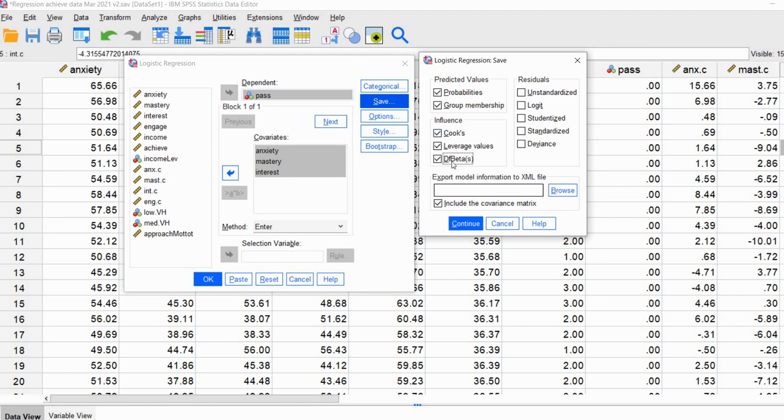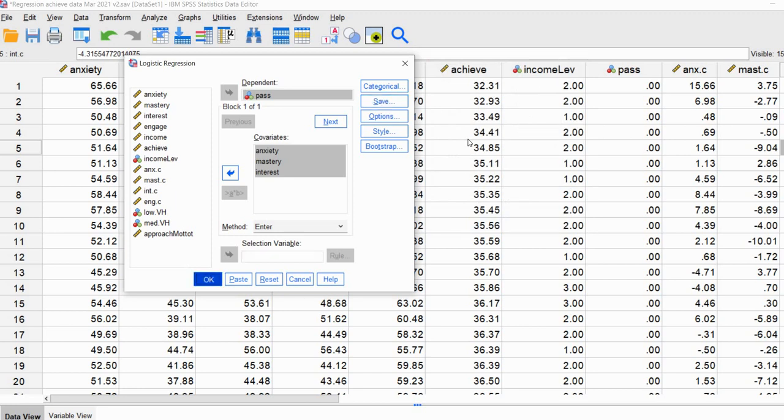I'm not going to spend a whole lot of time unpacking that. I'm going to defer to the PowerPoint where I walk you through some of that with respect to these influence diagnostics. Under the residuals, I'm going to click on Standardized right here. This is useful for identifying potential outliers. And again, I'm going to defer to the PowerPoint to give you more information on the use of that index. So we'll click on Continue and then on OK.